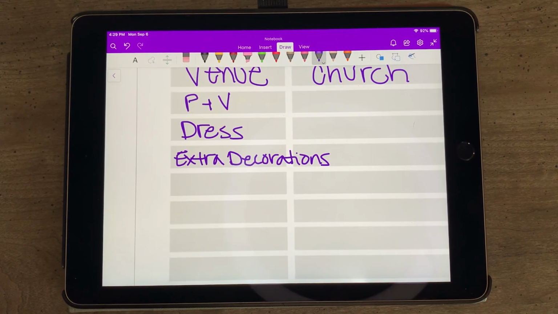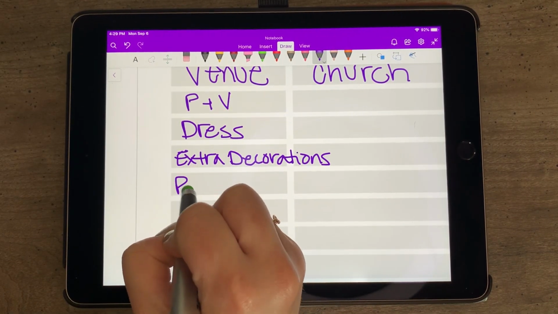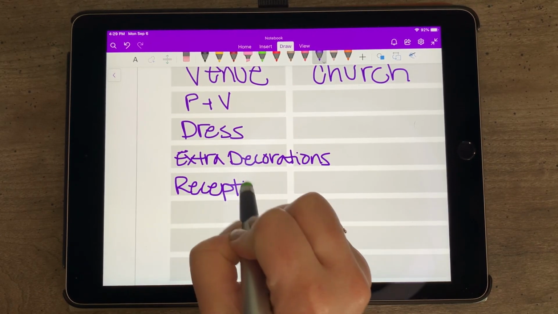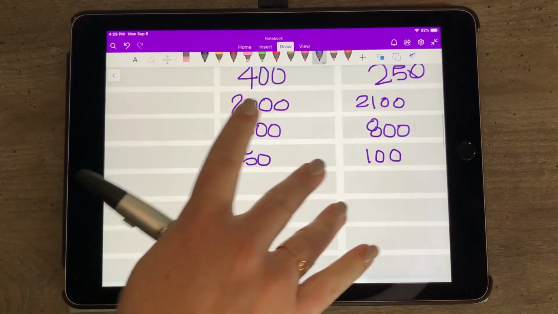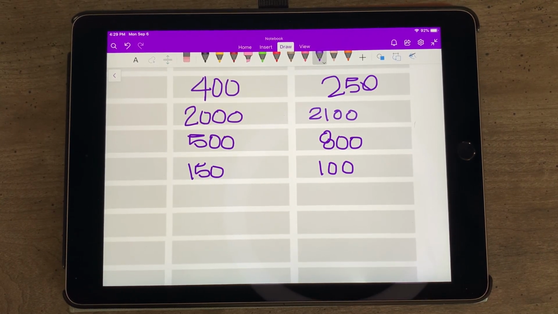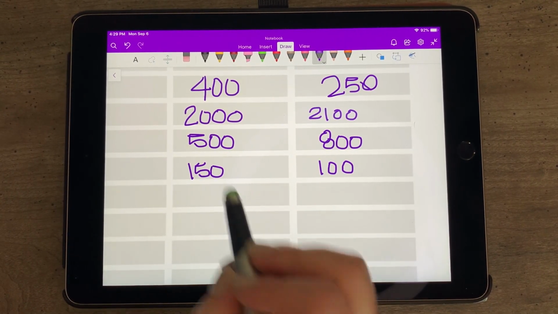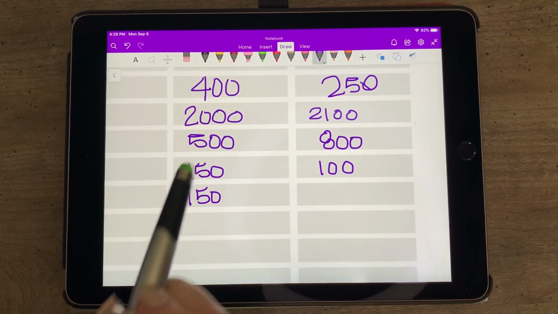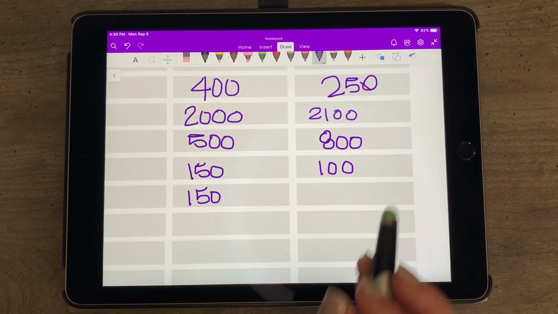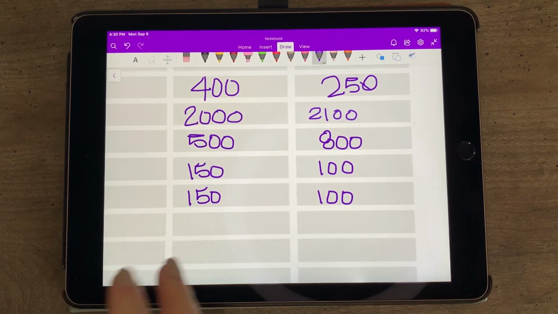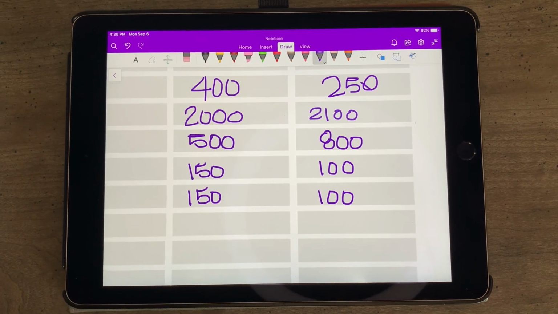The next category, I put reception. This was different decorations, centerpieces, things like that. And I really lucked out. I did a ton of research and I wanted to only budget about $150 for this, and I spent approximately $100 on the extra decor and things for the reception.